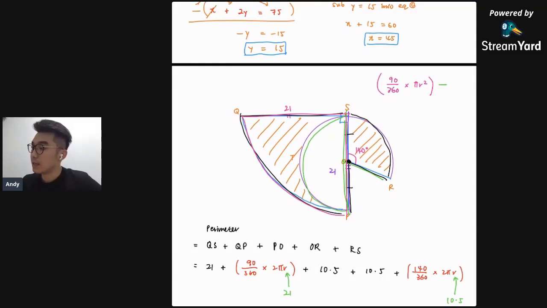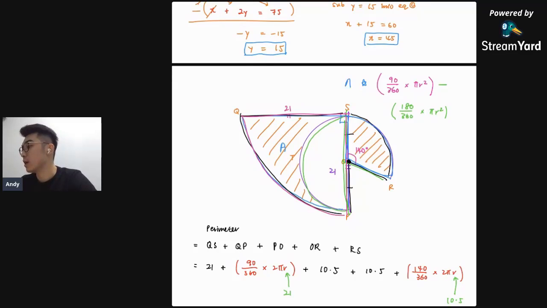So minus, this is 180/360 times pi r squared. Minus it out. And then what else? We also have this shaded region we have to add in. Now we have found the shaded region for A.